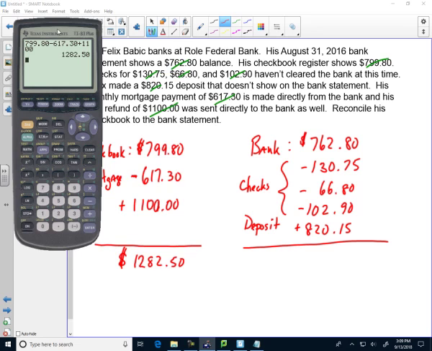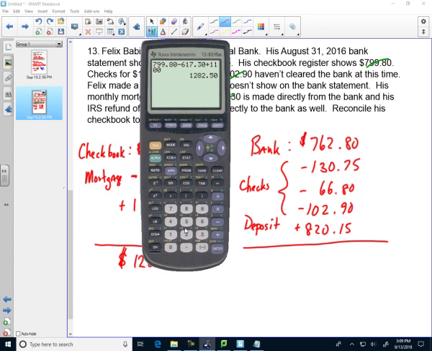Now let's add this one up. 762.80 minus 130.75 minus 66.80 minus 102.90 plus 820.15.